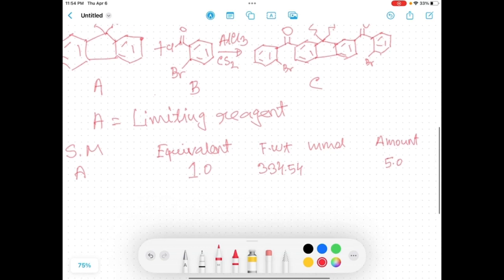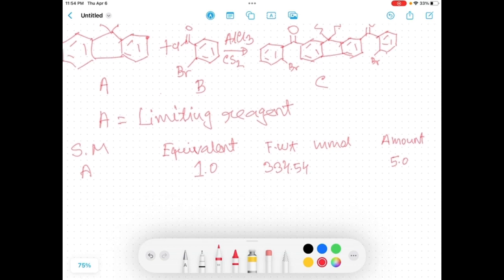To calculate the millimole, you need to convert the gram unit to milligram, and then divide that by the formula weight. So 5 grams times 1000 divided by the molecular weight 334.54, the millimole is 5.98.